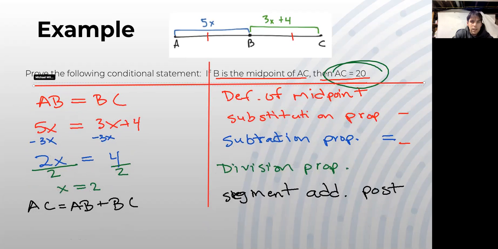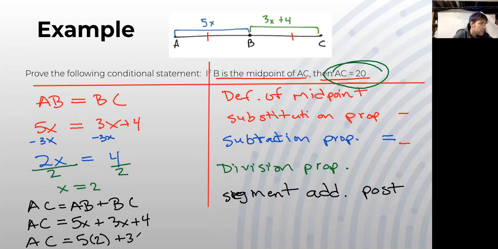Move that one too. All right, so that means that AC is going to equal 5x plus 3x plus 4. And if we plug that all in, we end up with 5 times 2 plus 3 times 2 plus 4.